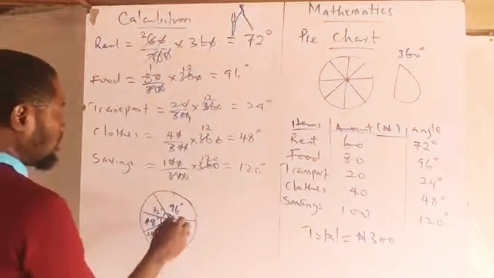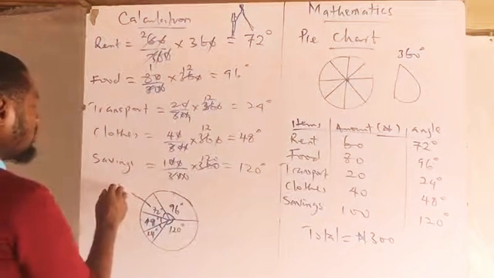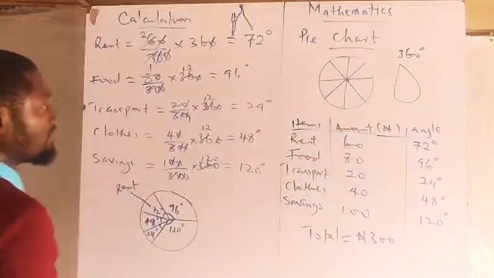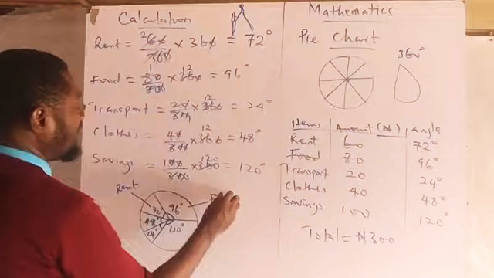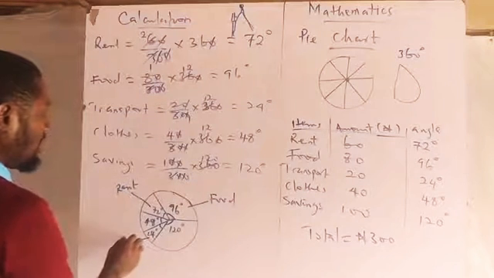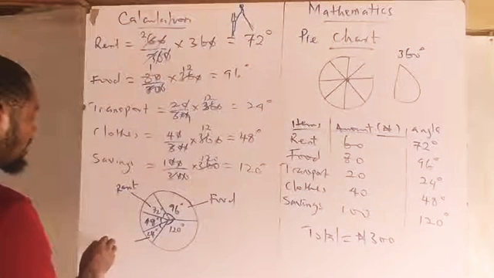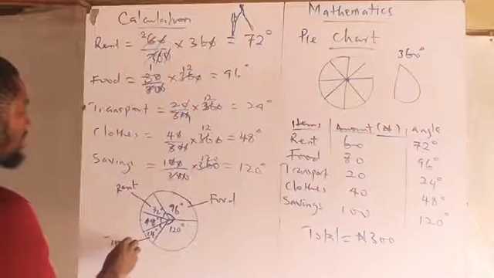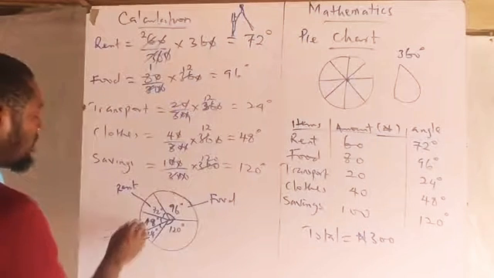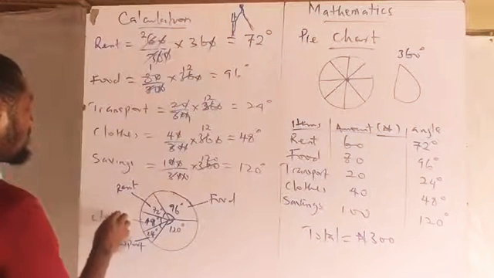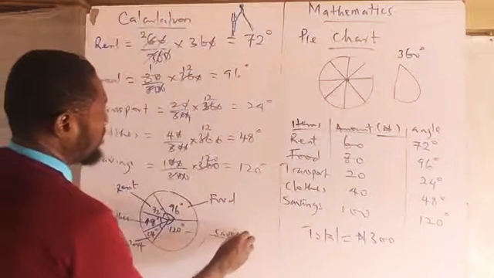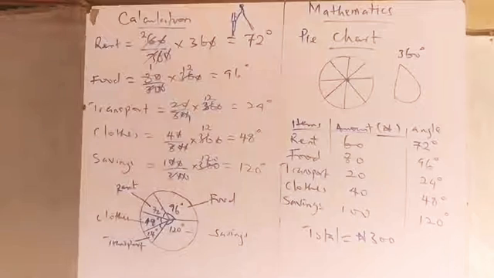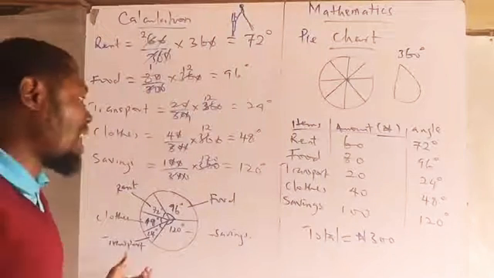So 72 is for rent, remember. 96 is for food, remember. 24 is for transport. 48 is for clothing. And this is for savings. So we have been able to put this information in the pie chart.